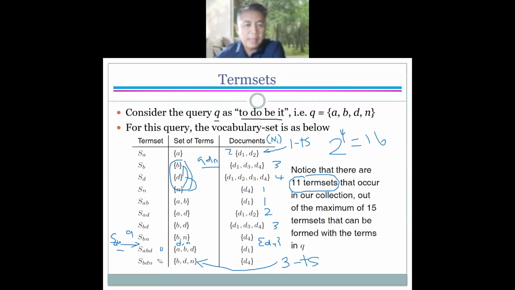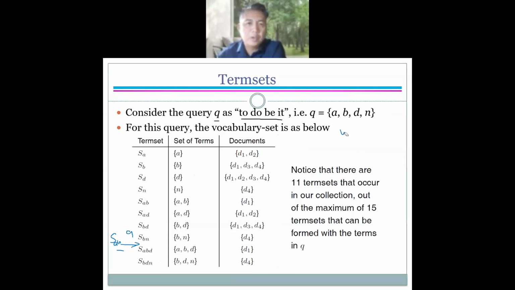So we have 11 term sets that we can consider for the query here. But in order to reduce the number of computations, because there are so many, let's suppose the threshold is 2.